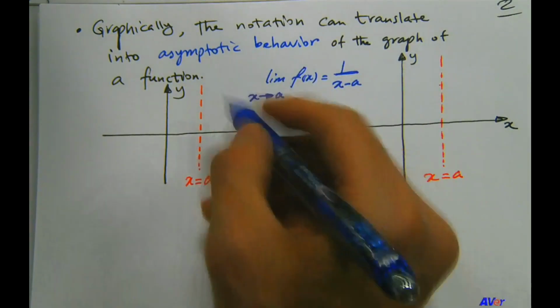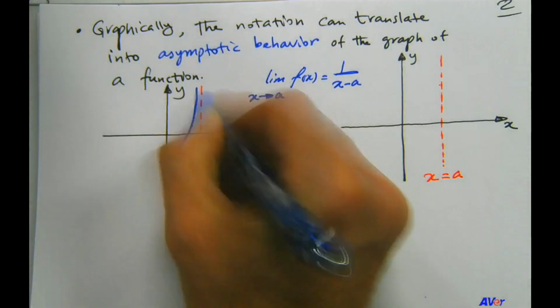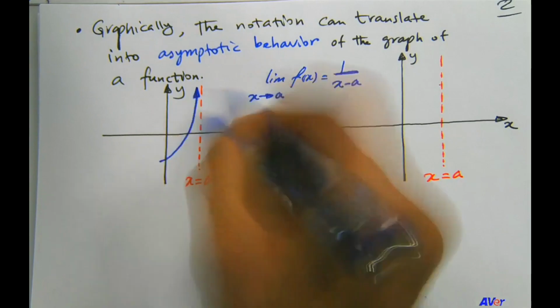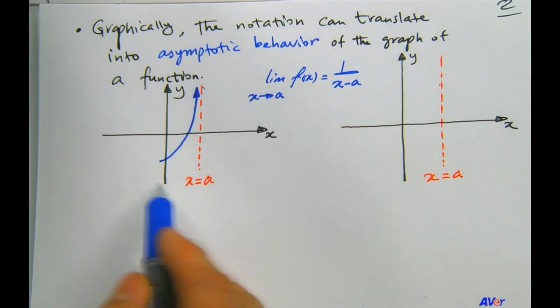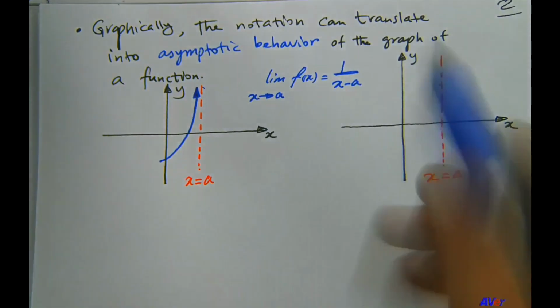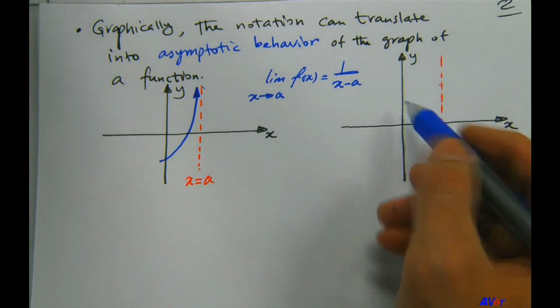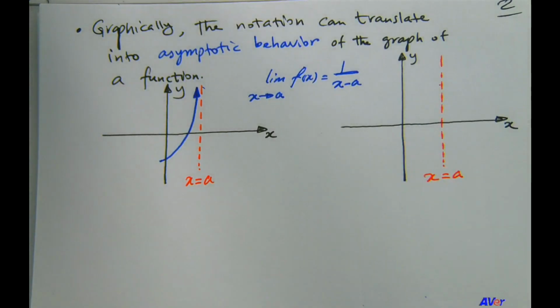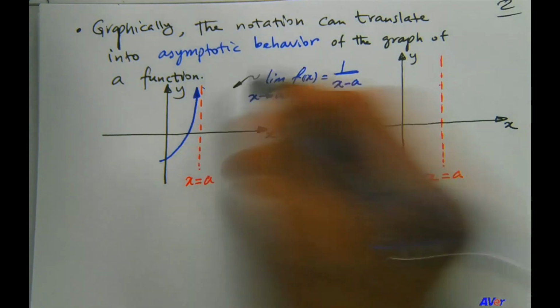So then we can have either this kind of behavior, right, with this end exhibiting asymptotic behavior as x goes through that. Or if we had, let's say, minus, so this would be that.